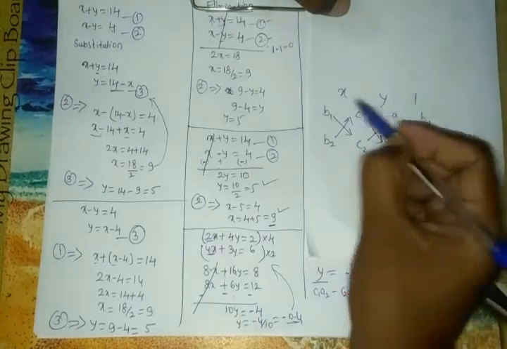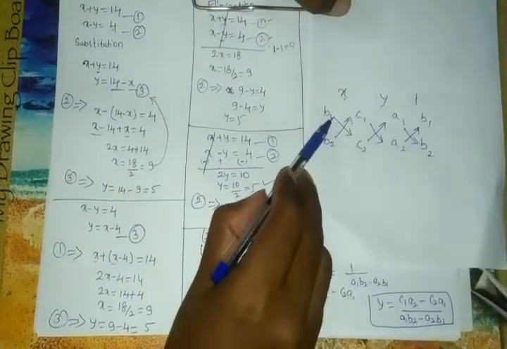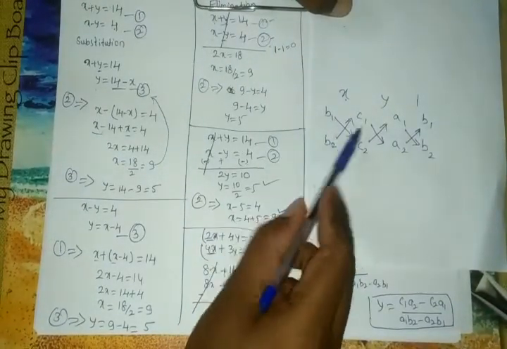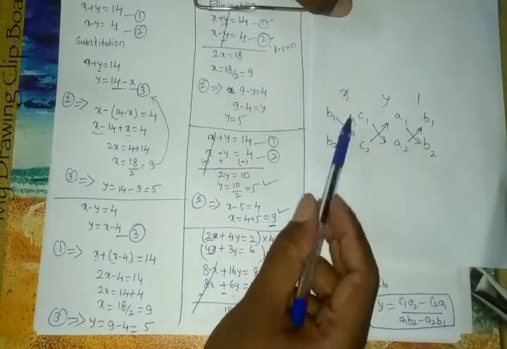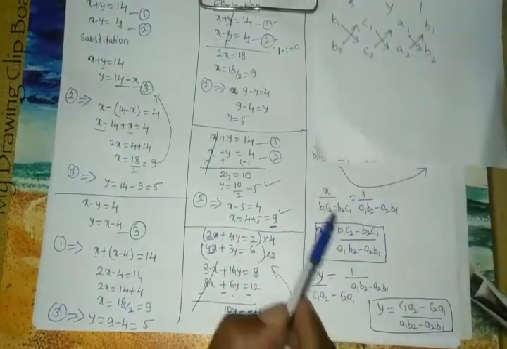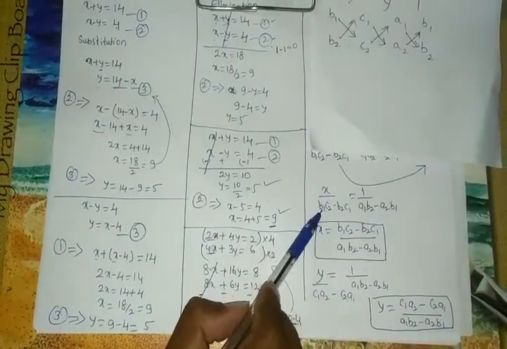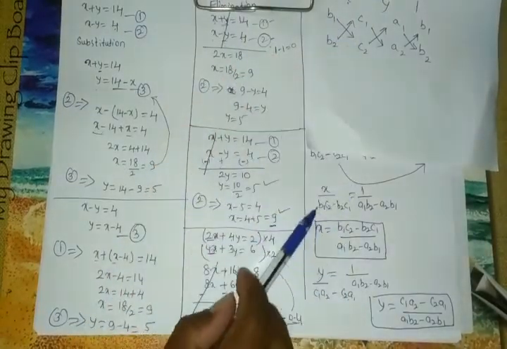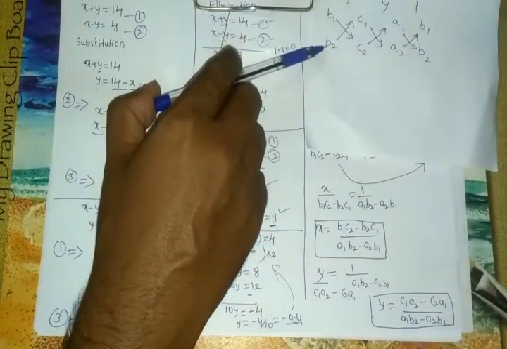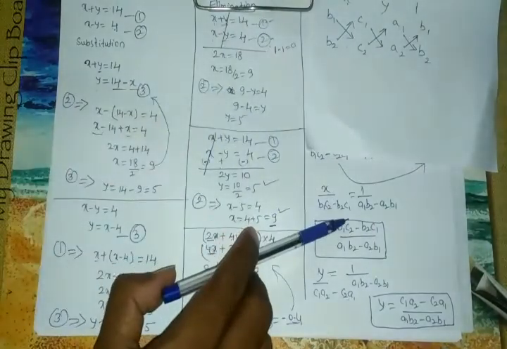Right. So next thing is x divided by b1 into c2, and all arrows towards upward I will take as negative, so it will be x divided by b1 c2 and minus of b2 c1.